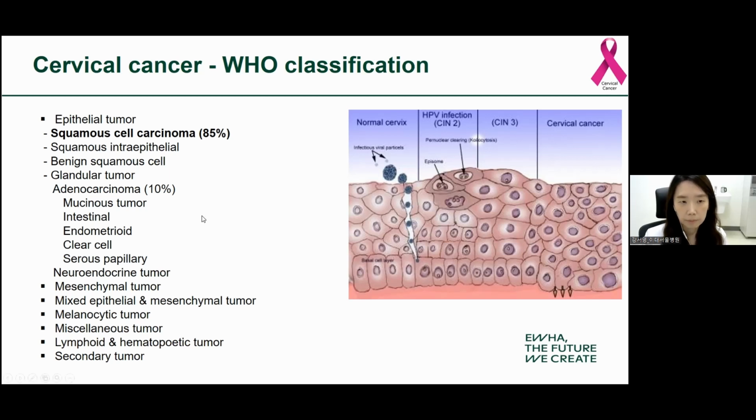So maybe you know the major type of cervical cancer is epithelial tumor. Of epithelial tumors, squamous cell carcinoma makes up 85% of all cervical cancer. And the others are the glandular tumors such as adenocarcinoma, 10%. And also there is a small portion of neuroendocrine tumors, mesenchymal tumors, and the others.